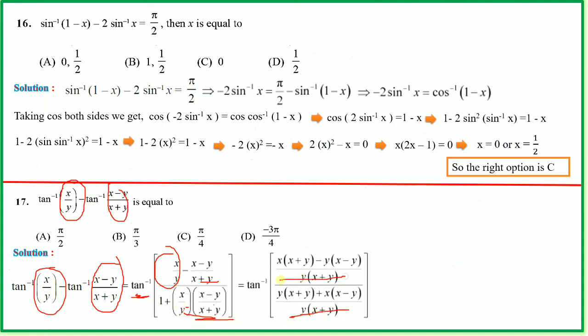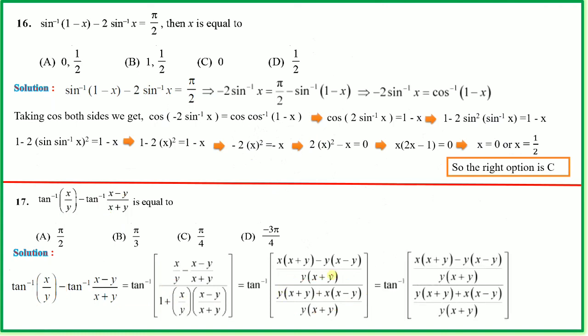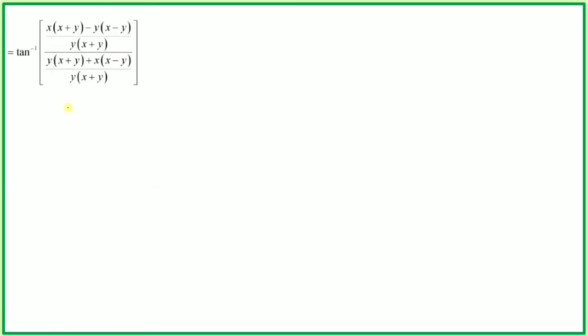Later these two will be cancelled, taking LCM: x into (x plus y) minus y into (x minus y) in the numerator, and in the denominator y into (x plus y) plus x into (x minus y), equals tan inverse of x into (x plus y) minus y into (x minus y), and the same thing in the denominator. On the next step, multiplying, x square plus xy minus yx, so these two cancel, and here also these two cancel.